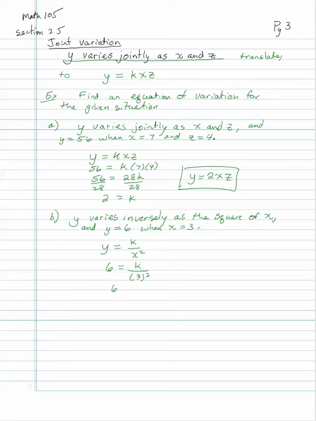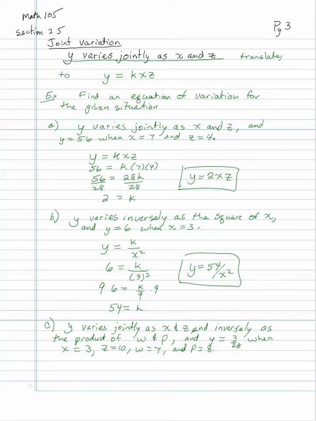So we get 6 equals k over 9. So k is, times both sides by 9, so k is 54. So our equation of variation is y equals 54 over x squared. Let's try another one.